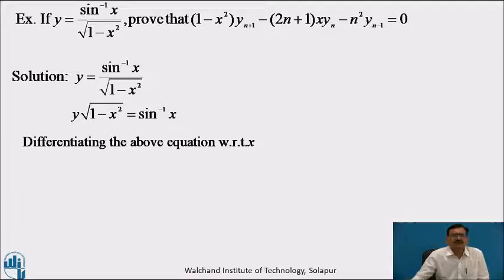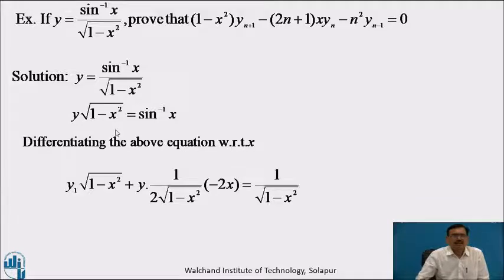Now differentiating this above equation with respect to x, using again the UV rule here, derivative of y is y1 and v as it is, square root of 1 minus x square, plus y as it is, and derivative of square root of 1 minus x square is 1 by 2 root 1 minus x square into derivative of 1 minus x square, which is minus 2x, which is equal to, and as we know, derivative of sine inverse of x is 1 upon square root of 1 minus x square.